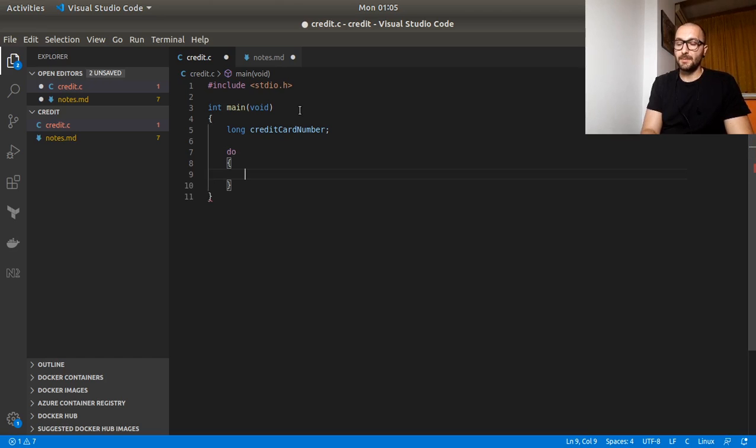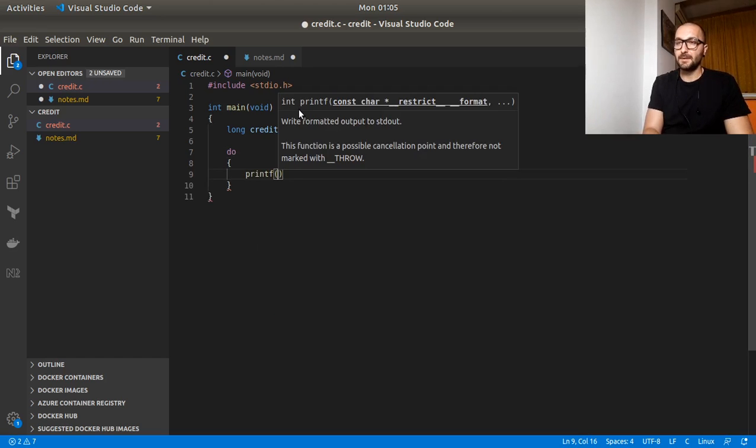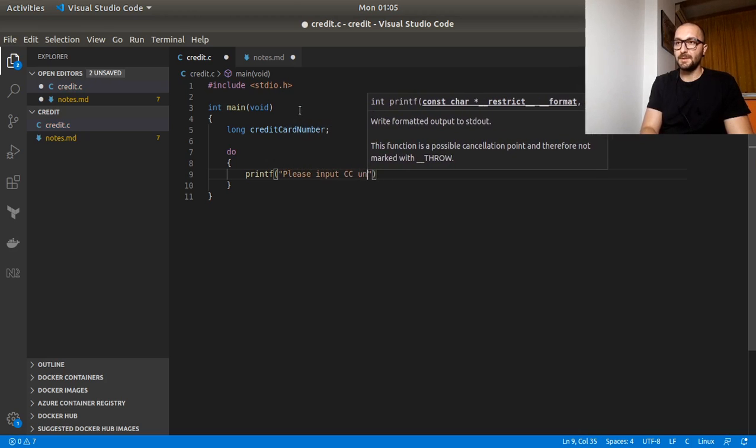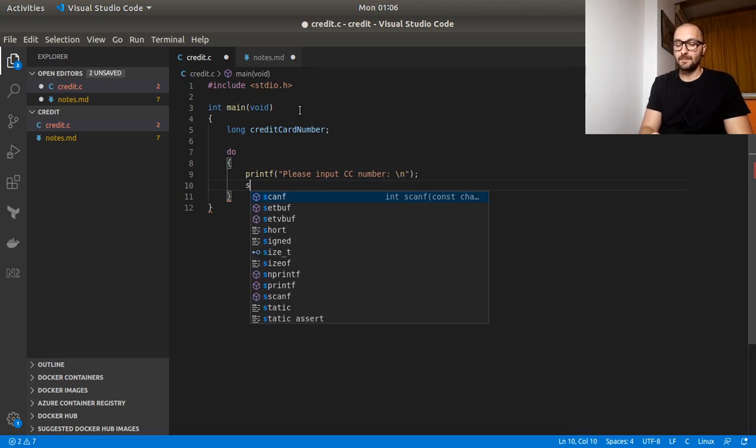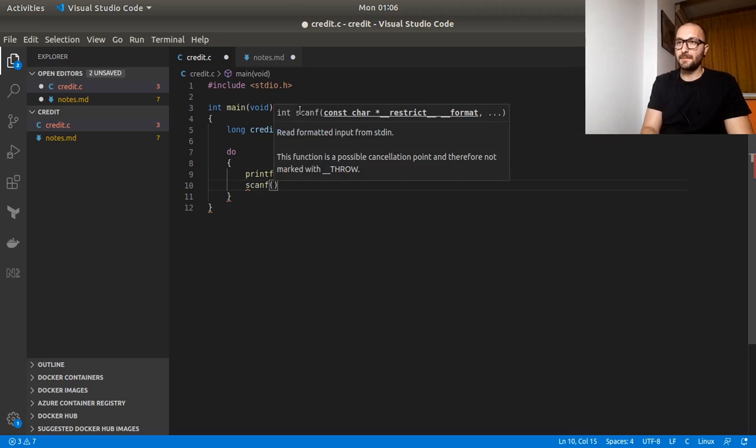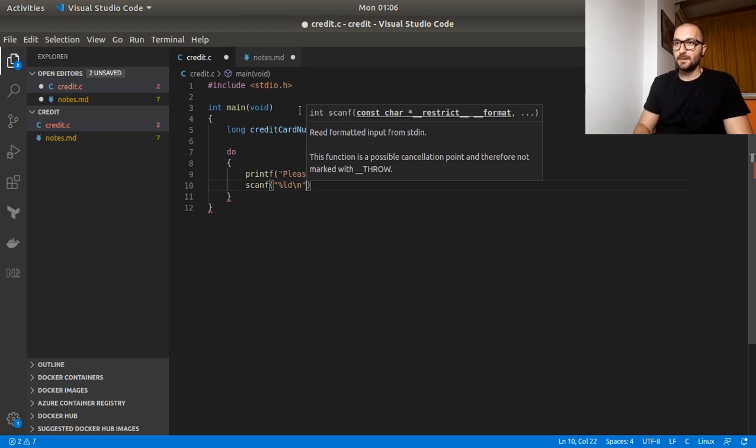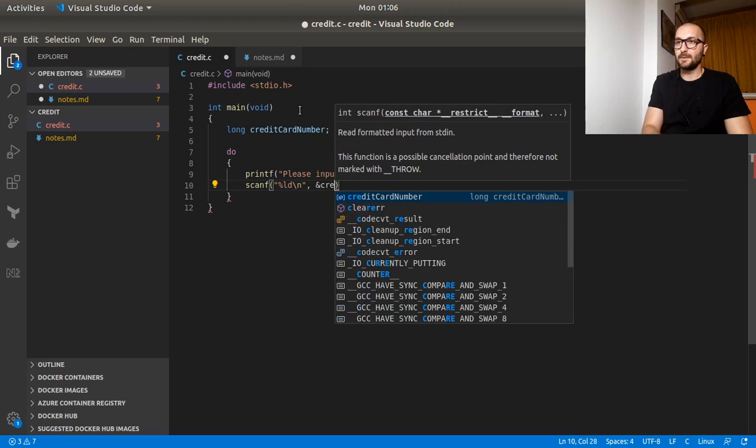So here we have printf, please input cc number. So we will prompt this up. Okay, then we'll use scanf. Here we will have the long, and we would send it to credit card number.